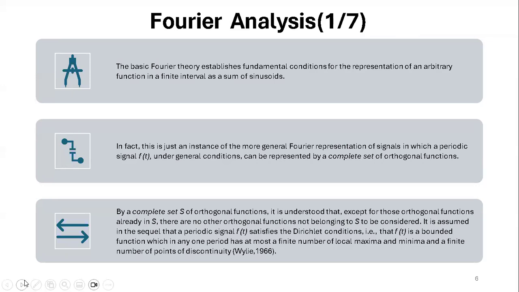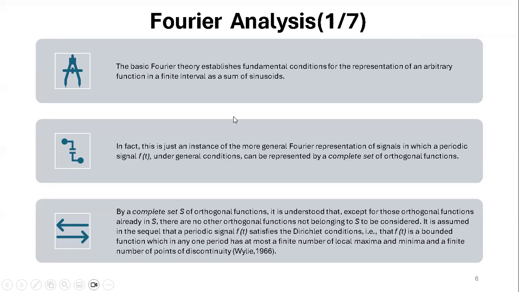Now, Fourier analysis. The basic Fourier theory established fundamental conditions for the representation of a periodic function over an interval, as a sum of sine waves.